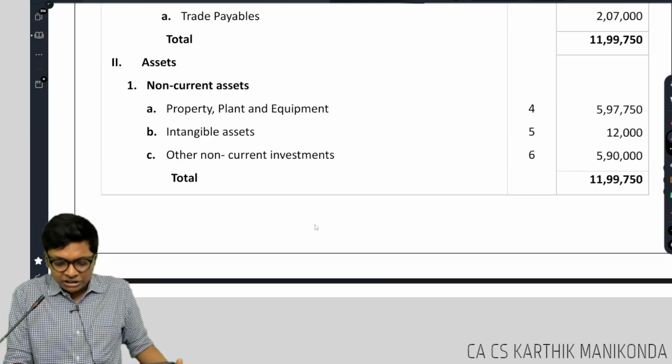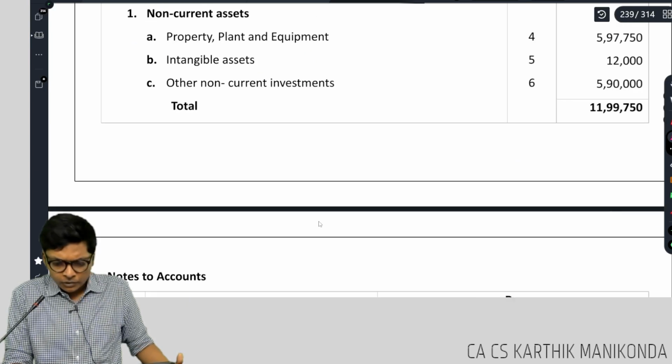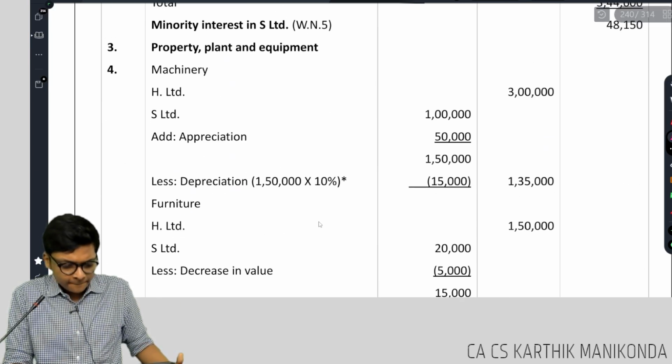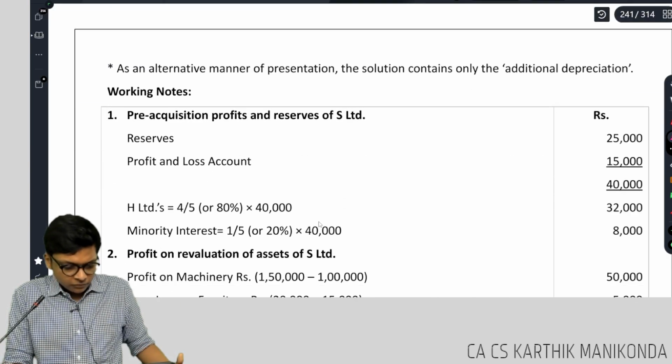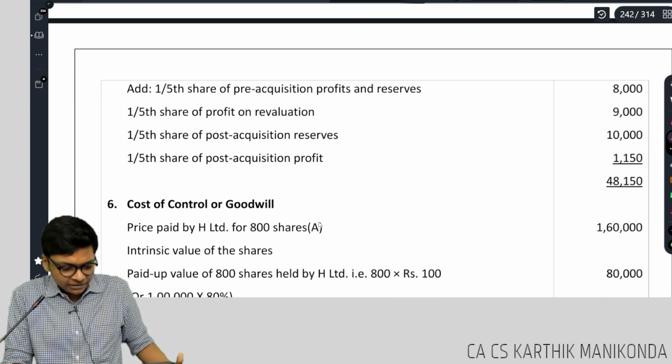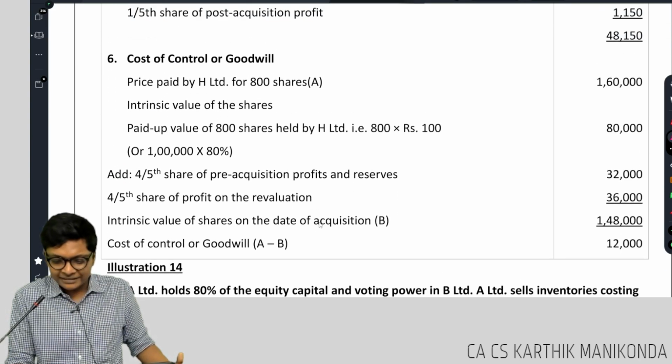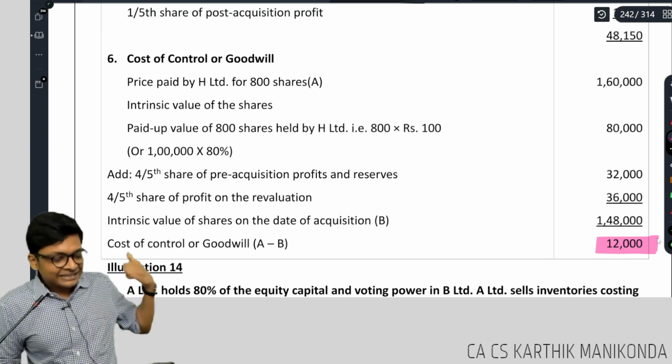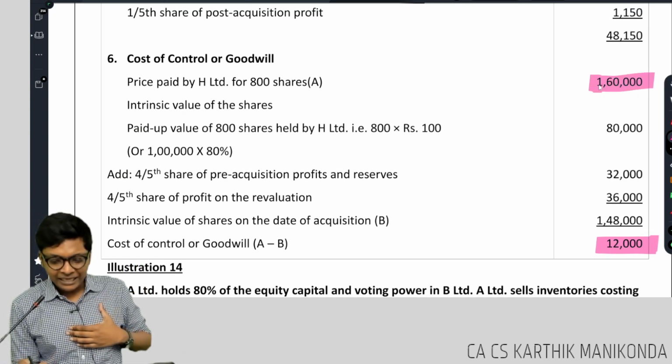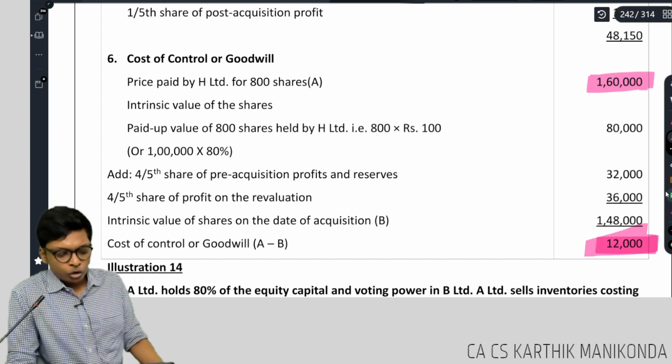Let us go and cross check if goodwill is 12,000. Working note 6 somewhere he has given, guys. Yeah, can you see here, guys? Goodwill is 12,000. This English only I want. This 1,60,000 compared with all of this, we get 12,000.